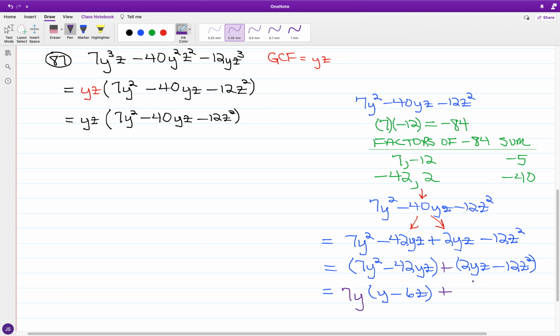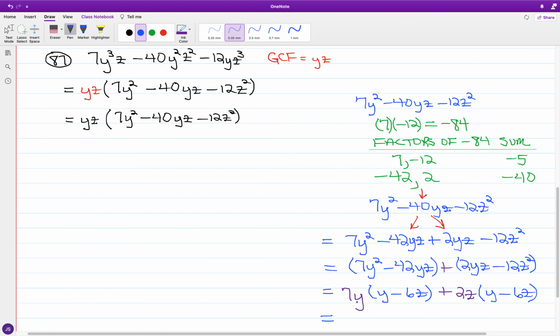and we have plus, and the greatest common factor of the second pair is going to be 2z. Again, 2z into 2yz leaves us with y. 2z into negative 12z squared would be negative 6z.